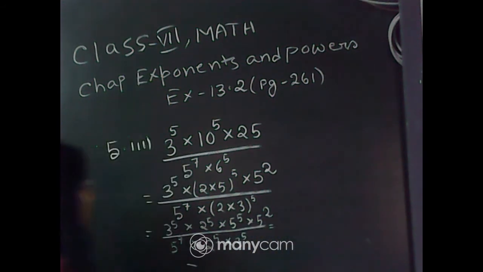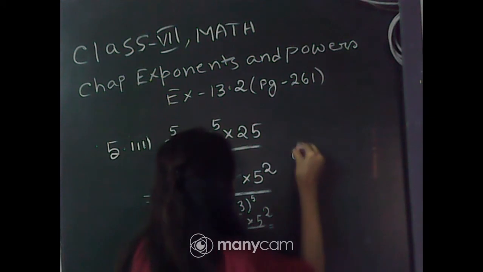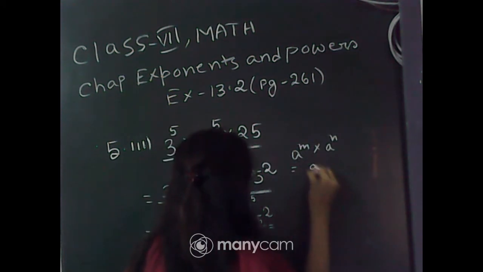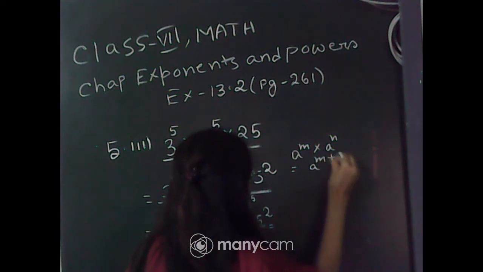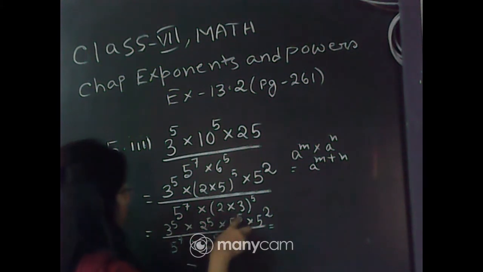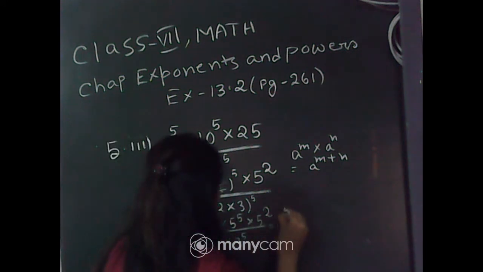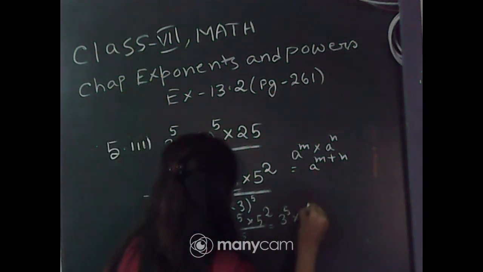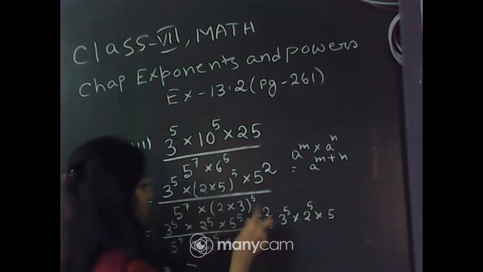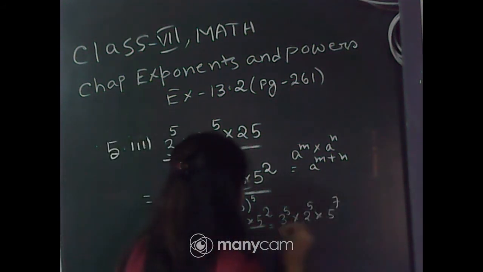Now, we use the law a to the power m into a to the power n is equal to a to the power m plus n, where a is any non-zero integer and m, n are whole numbers. Here 5 to the power 5 into 5 square is equal to 5 to the power 5 plus 2, that is 5 to the power 7.